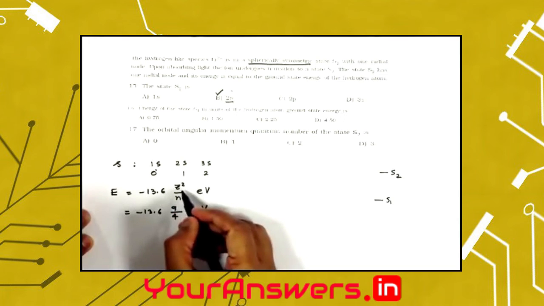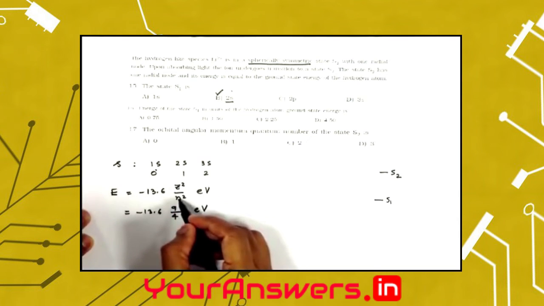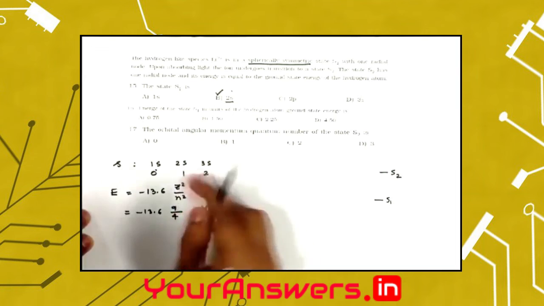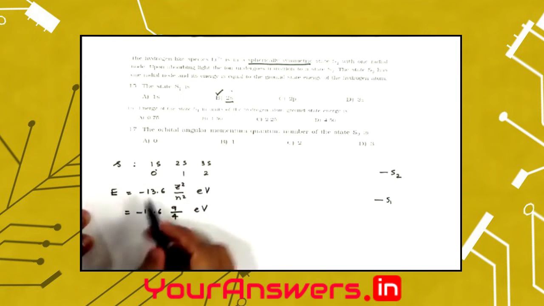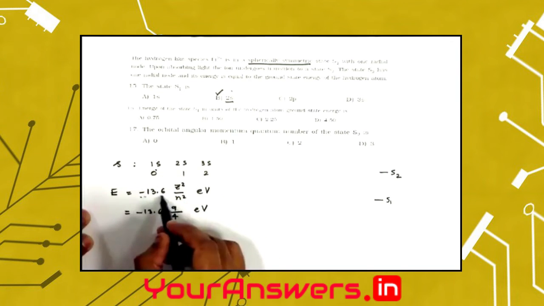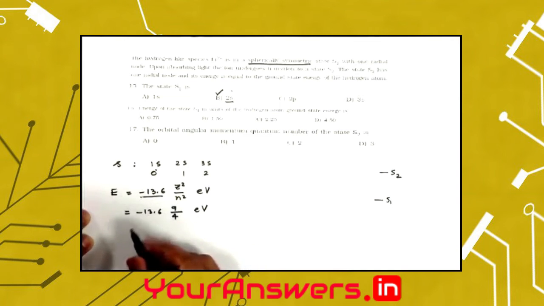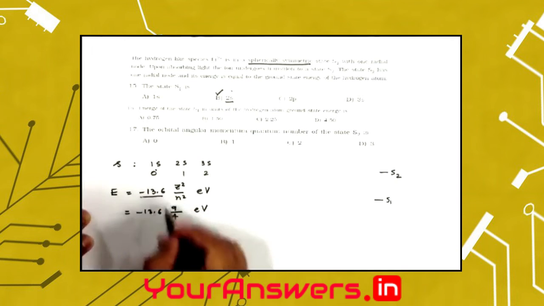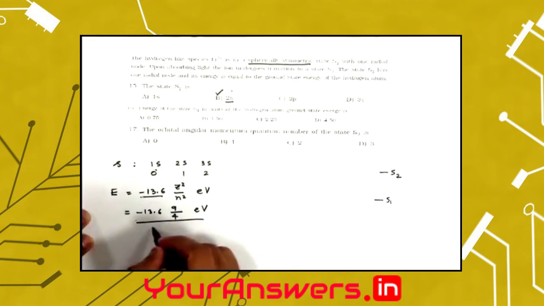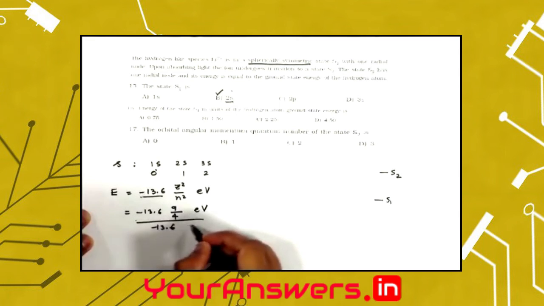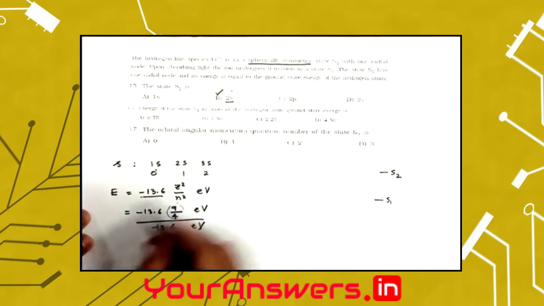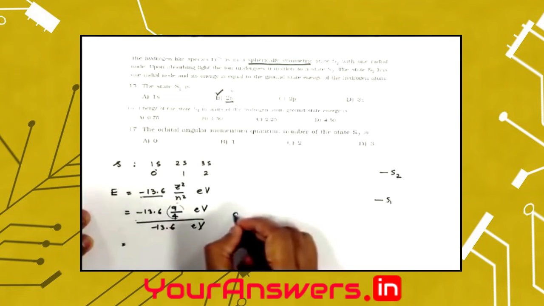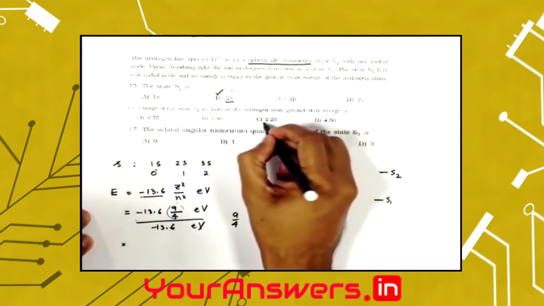We can find that from this equation itself. For hydrogen, Z is 1 and the ground state n is 1, so this term does not give any contribution. So the hydrogen atom's ground state energy is minus 13.6 electron volt. So in units of the hydrogen atom's ground state energy, this is 9 by 4, which is 2.25.